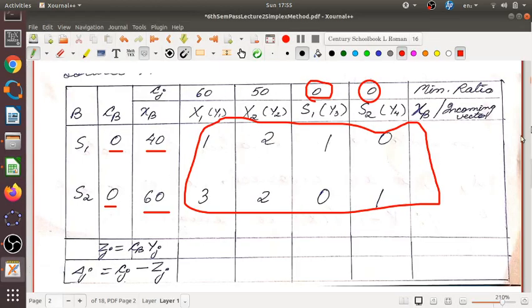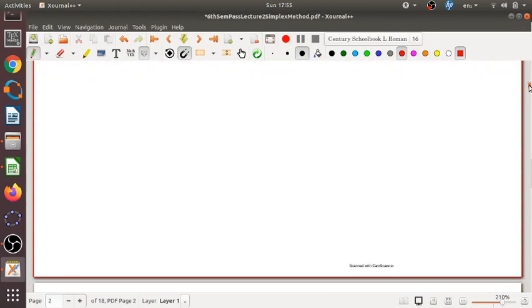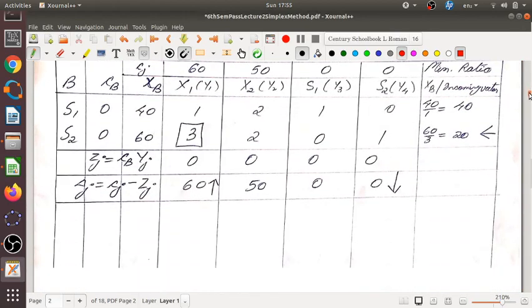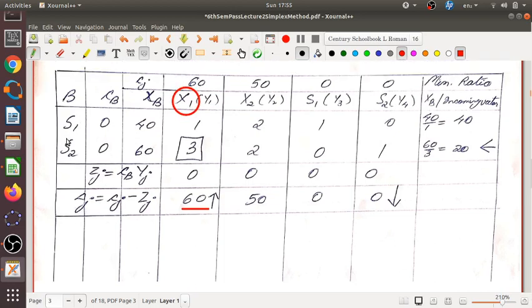This is what we have done in this step: we computed delta j, cj minus zj, and this 60 is the largest delta j, so we put an arrow mark here. It means x1 will enter the basis. Either x1 will take the position of s1 or of s2, and that will be decided by the minimum ratio.